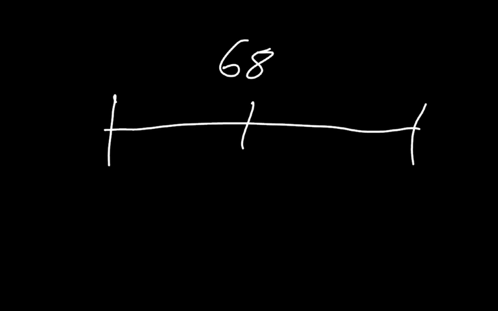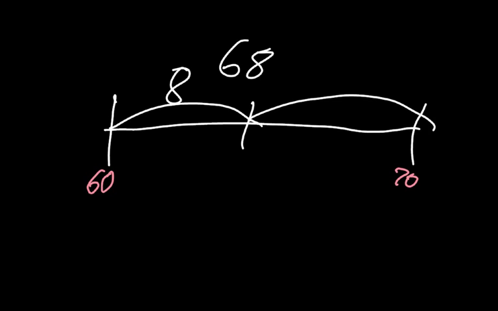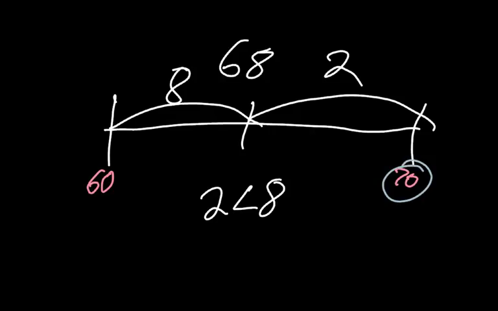We know that the two nearest 10s to 68 are the number 60 and the number 70. From here, it's as simple as saying that 60 is 8 away from 68, and 70 is 2 away. I know that 2 is closer than 8 because 2 is less than 8. So 70 is the nearest 10.